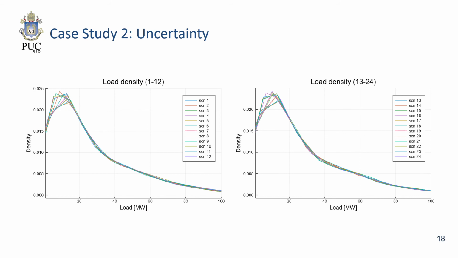And here, as I said, we can look at the density. As we can see, we have different magnitudes and different distributions. That will give our case a real notion of how demand can vary, and we will be able to see how that impacts the decision of investing in new candidates.